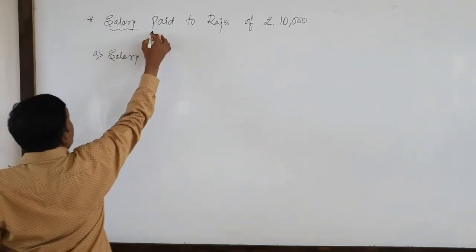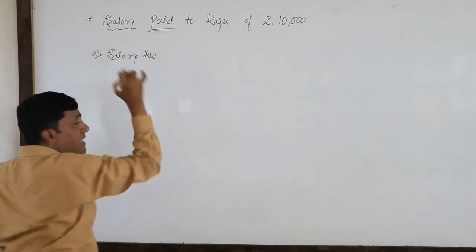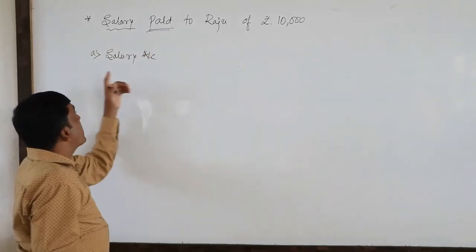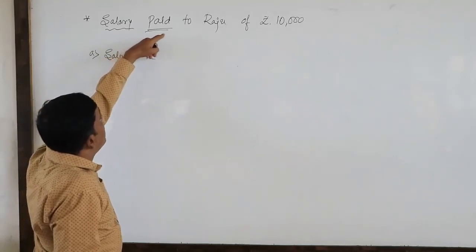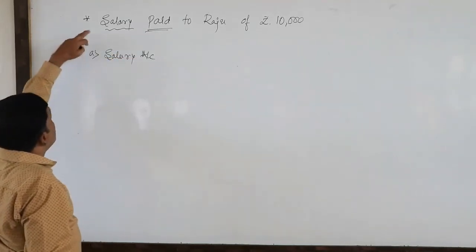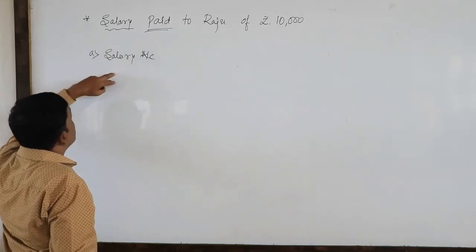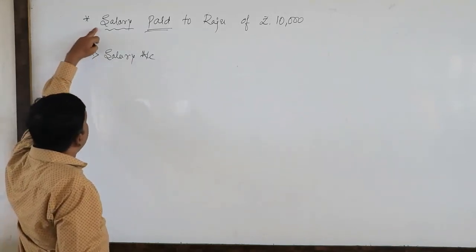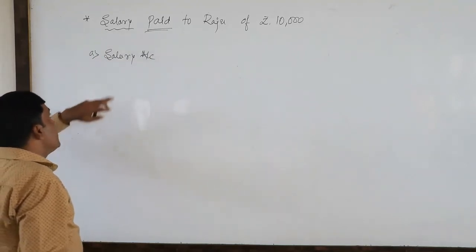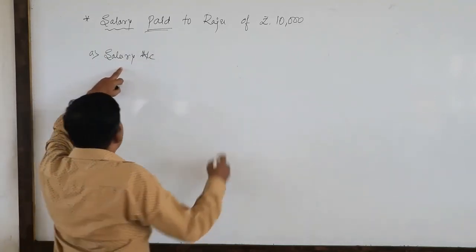Why? Because we have paid it. If it is still payable, then only we need to write the Raju's account. So here the word we have used, that paid, means salary is important here. For what purpose we have paid the money? On the purpose of salary only we have paid the money. So we need to write salary account.